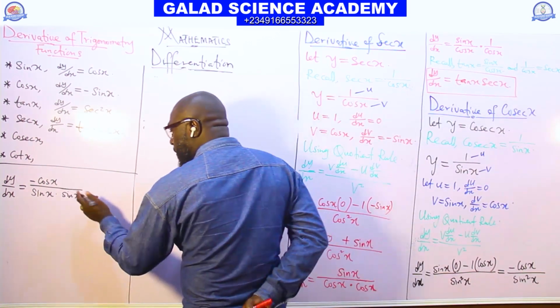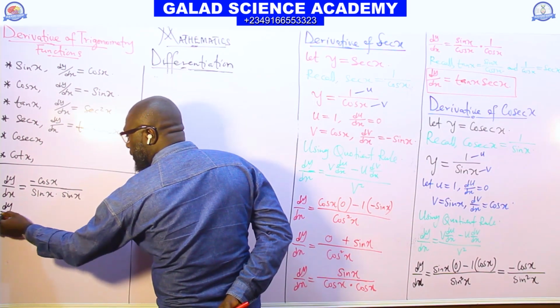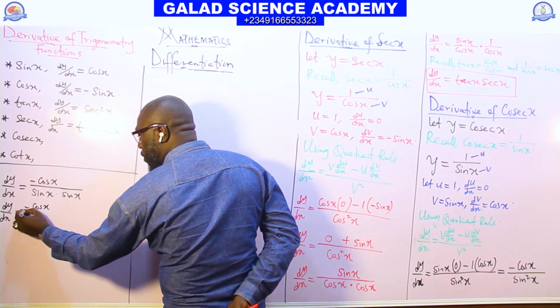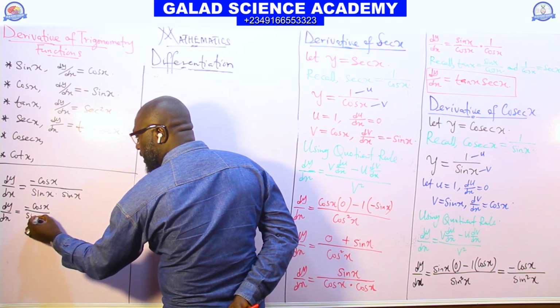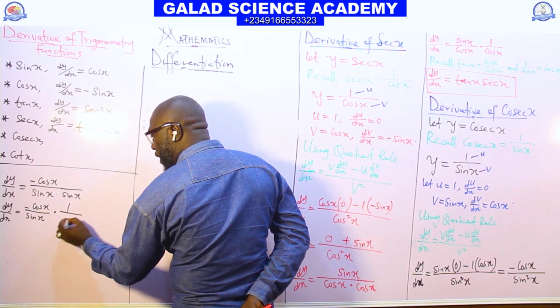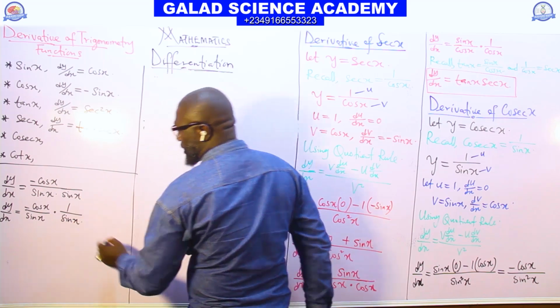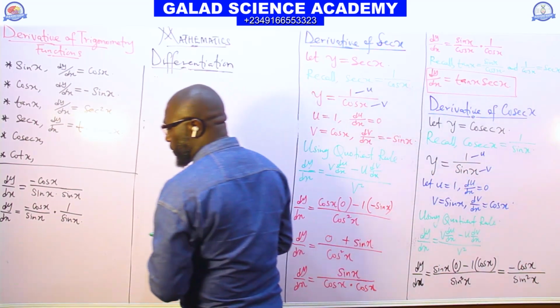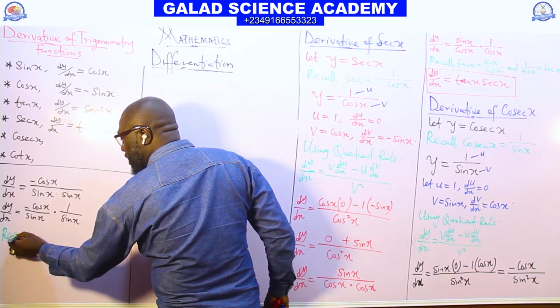By doing that, dy/dx is minus cos x over sine x times 1 over sine x. We still need to use trig identities.